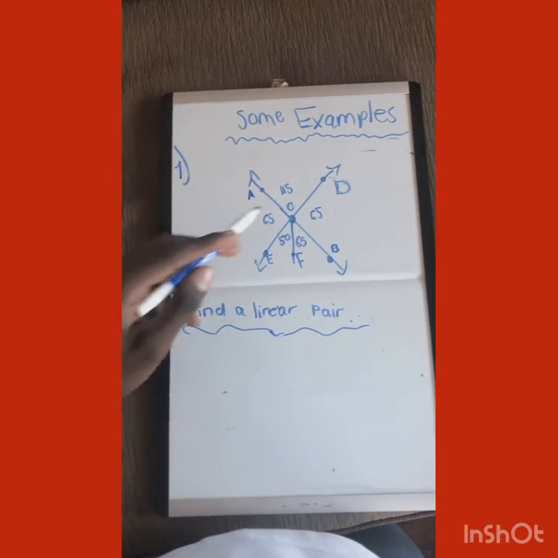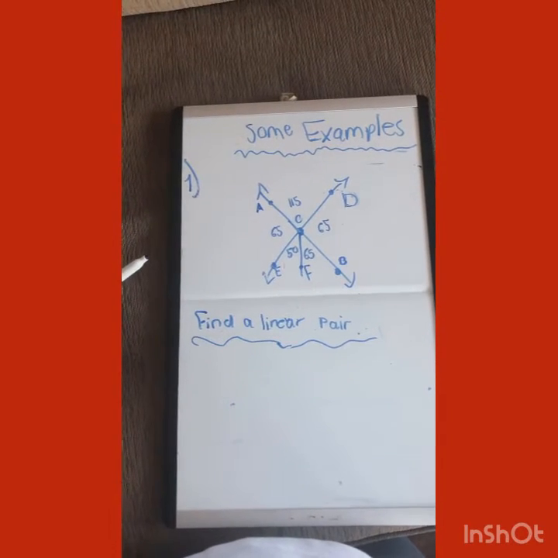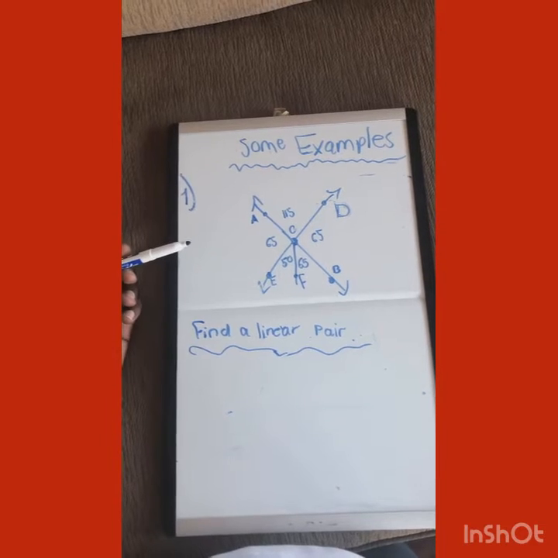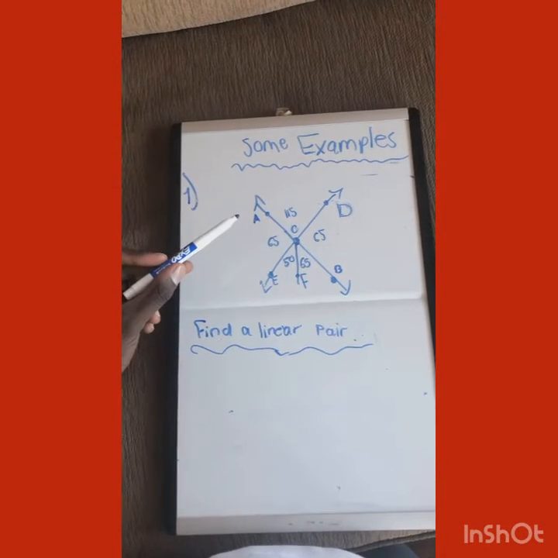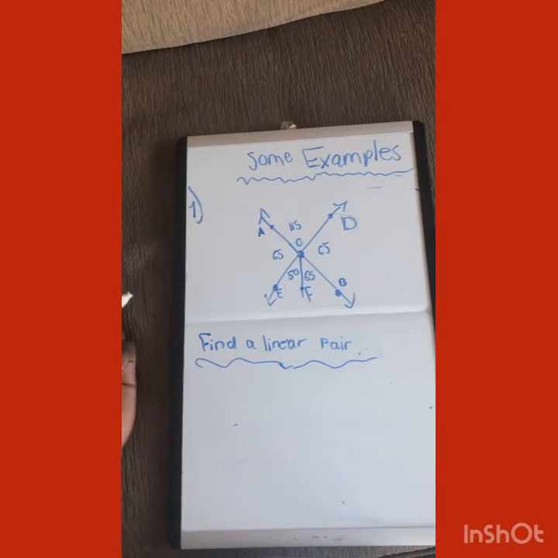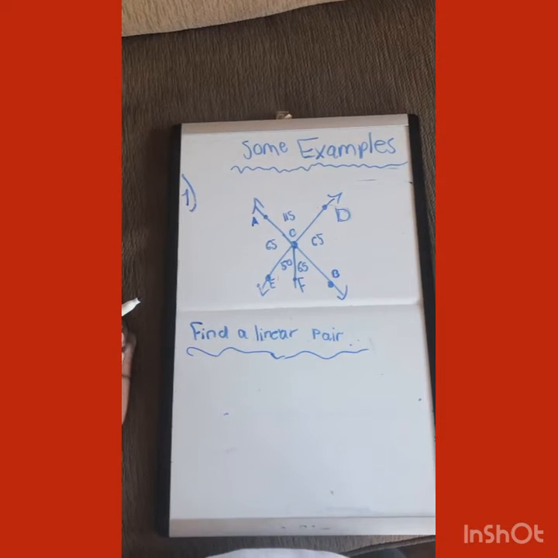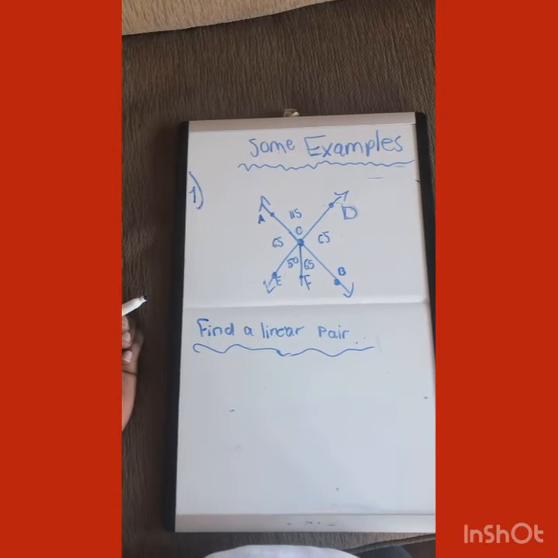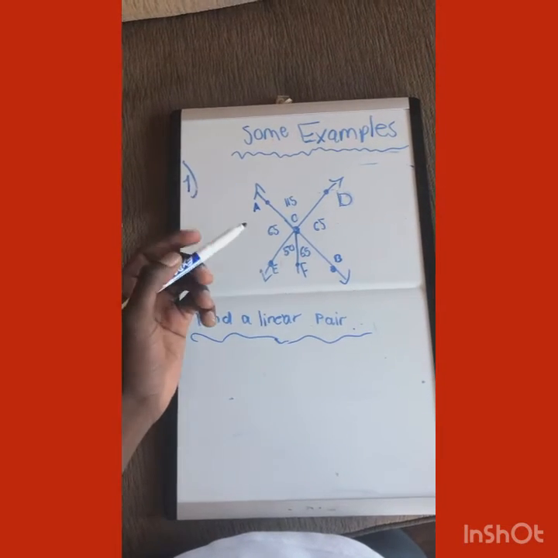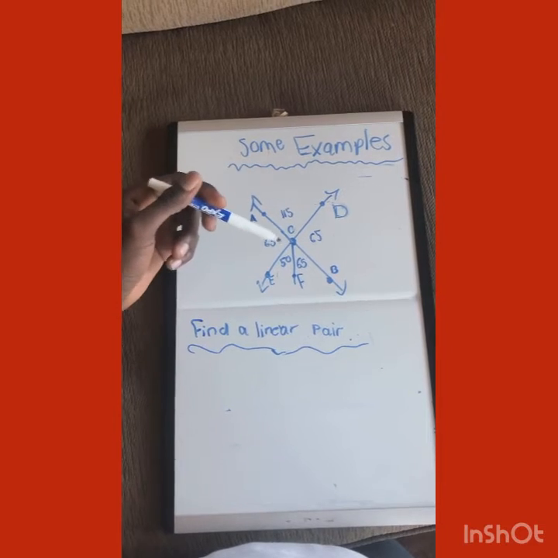So as you can see here, we have angle ACD, and it equals 115 degrees. And we have angle DCB, and it equals 65. 65 plus 115 will give me 180, and these angles are adjacent. They share a common side, which is DC.